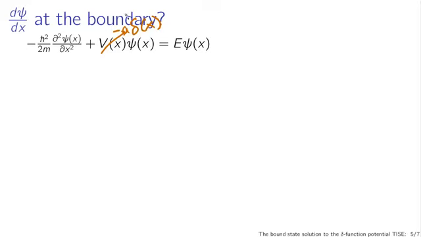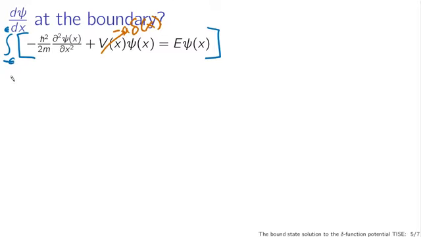The trick here, then, is to think about integrating the Schrodinger equation. Where does it make sense to integrate? Well, I know everything about the solution away from the boundary, but I don't know what happens at the boundary. So let's just integrate over the boundary, from, say, minus epsilon to epsilon.